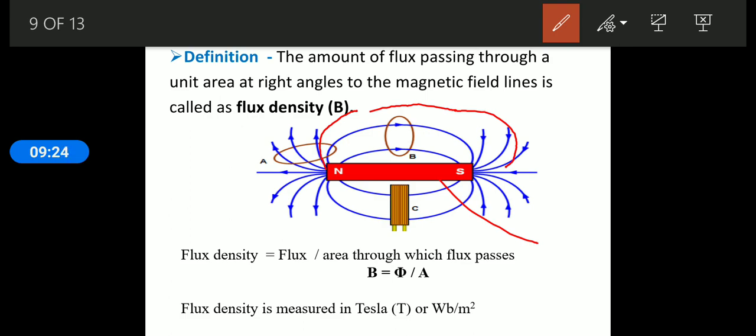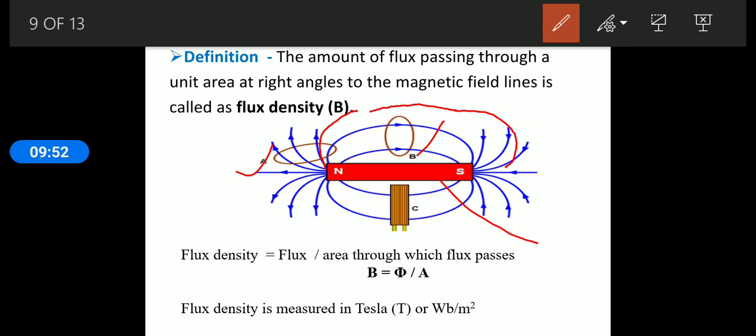At point A there is a large number of magnetic flux lines. At point B there is a small number of magnetic flux lines, that is, the number of lines of force is less at point B, and the number of lines of force at point A is large.